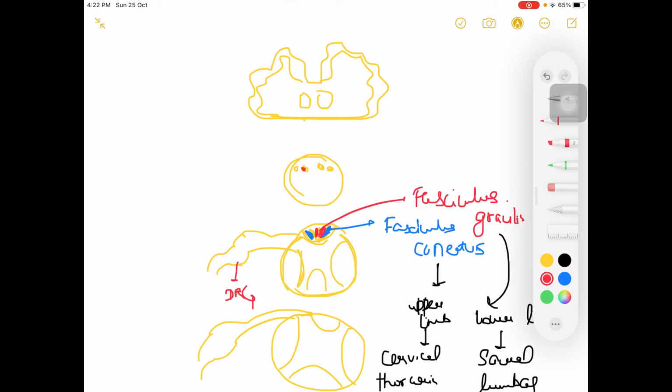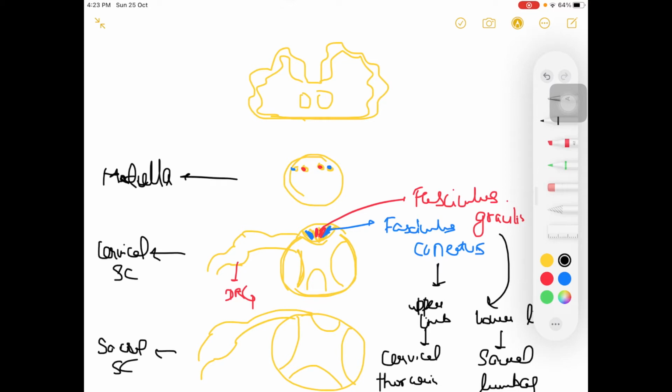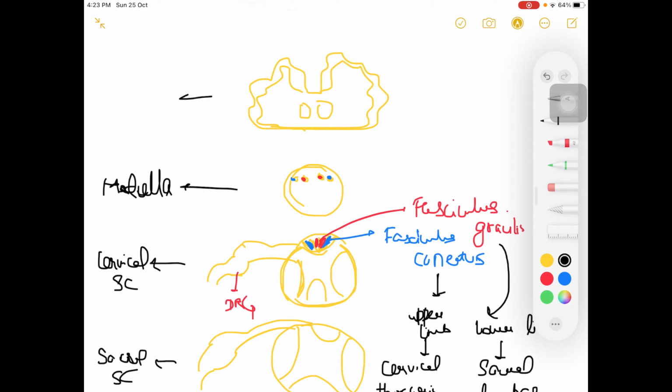So these are nucleus gracilis and nucleus cuneatus. We will understand what that means. So this is medulla, and let us suppose this is a cervical spinal cord and this is sacral spinal cord. And this we have made is cortex with thalamus.